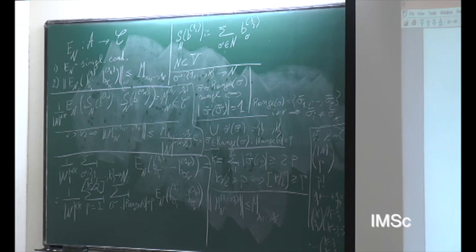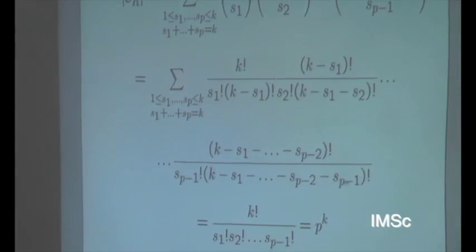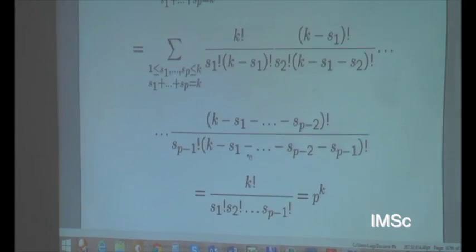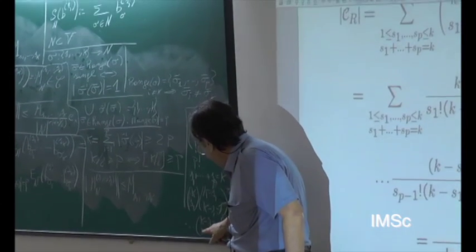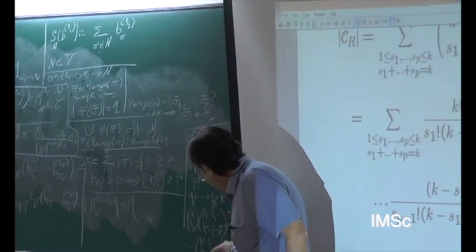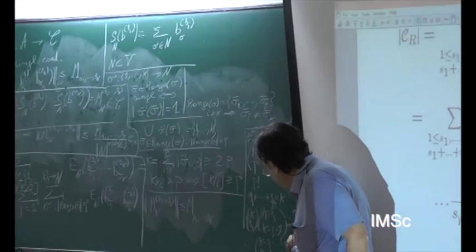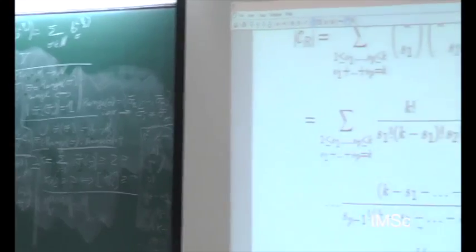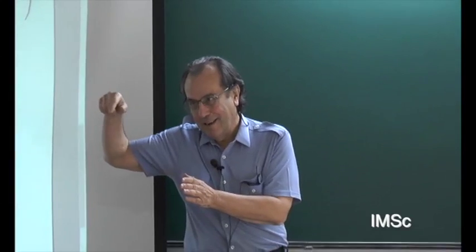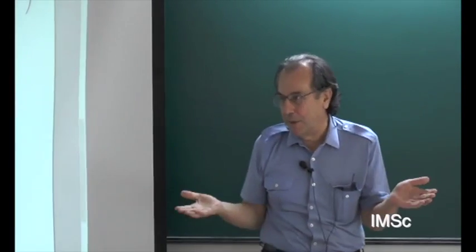So they simplify telescopically. And then what you get is this. K factorial, where I have used the fact that the last one is, if I subtract this, I obtain exactly SP. K minus the sum of Sj from j=1 to P minus 1 is SP by definition.